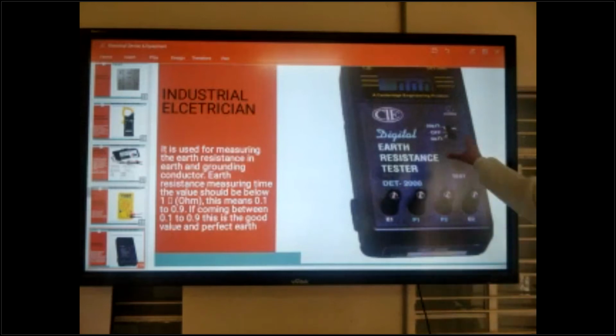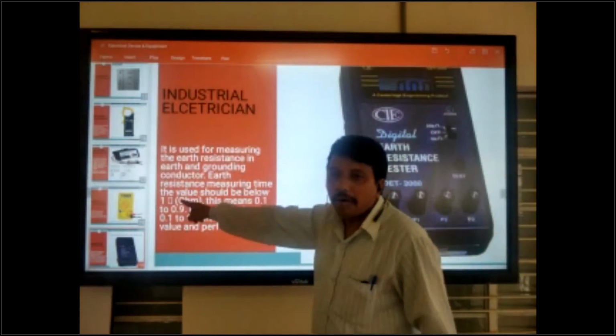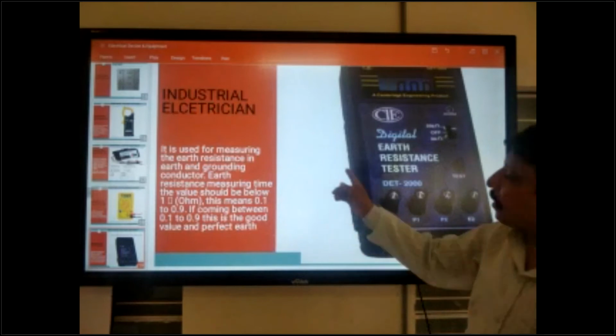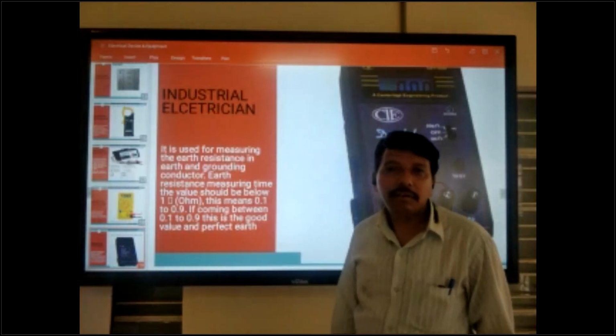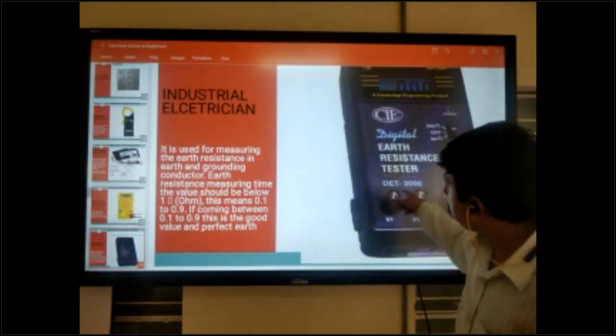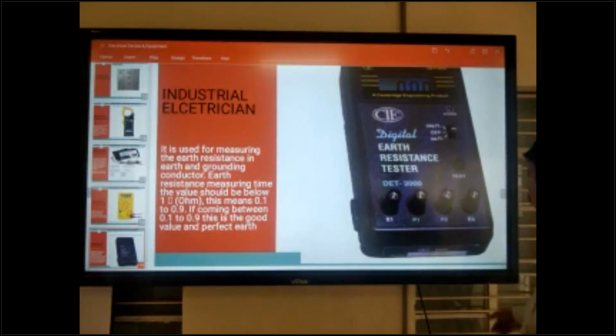We can use the earth resistance tester for the value of earth and grounding conductors. How much value is coming there, we can check with the earth resistance tester too. So we have the 4 terminals. This is practical, and I will explain about the practical.